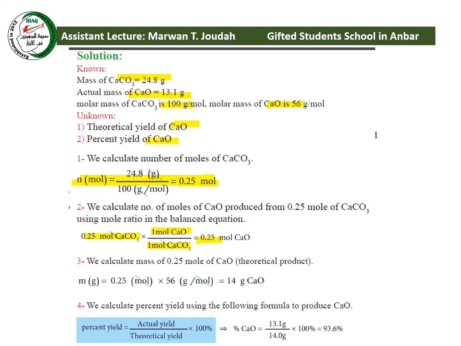After that, we calculate the mass of 0.25 moles of CaO, which is the theoretical product. Mass equals number of moles times the molar mass, which gives us 14 grams of CaO. This is number one. For number two, the percent yield is the actual yield over the theoretical yield, times 100, and it gives us this one.